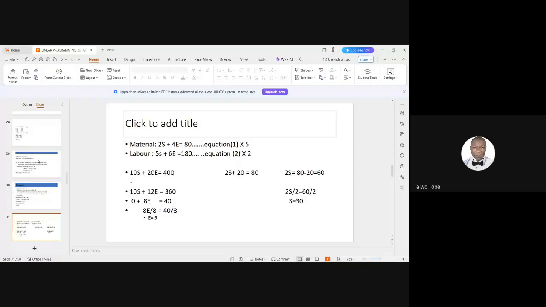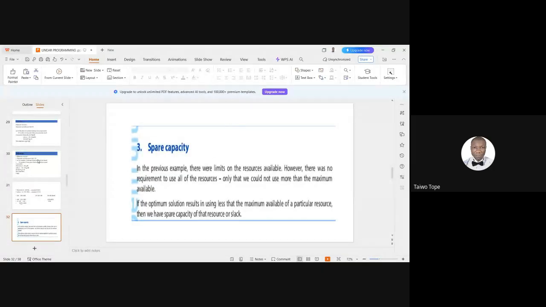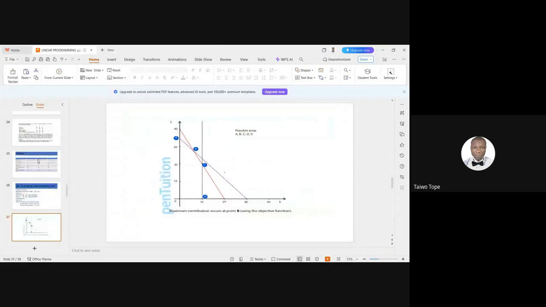At point X, that is what Mr. Gregory has done: at point X, at point Y, at point Z. You can label your own any way you want. So the point of intersection at point A, at point B, and at point C. What are the contributions at those points?